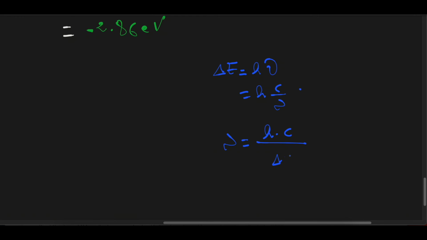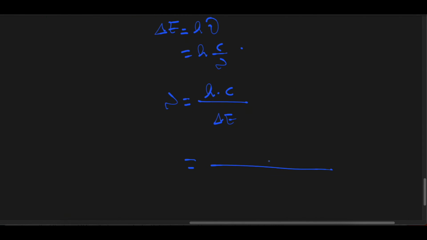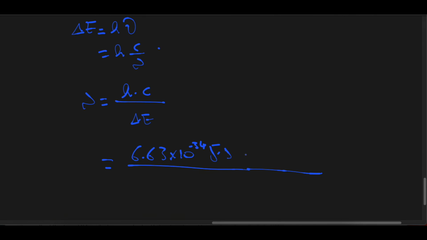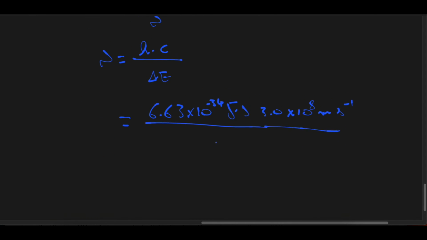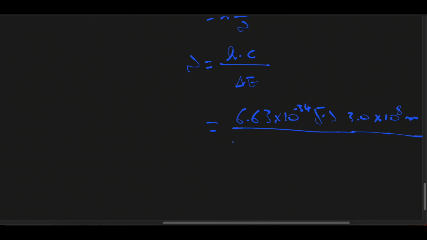So we can determine the wavelength of this photon using these energy values: it is equal to h times c over delta E. We just replace Planck's constant, 6.63 times 10 to the negative 34 joule second, times the speed of light, which is 3 times 10 to the 8 meters per second. Here we take the value in joule.